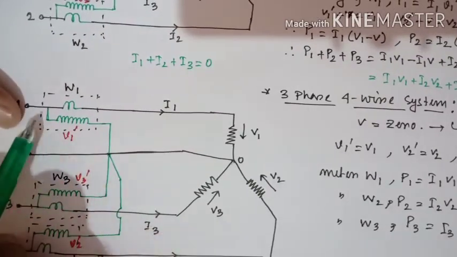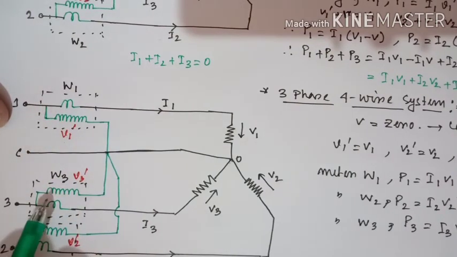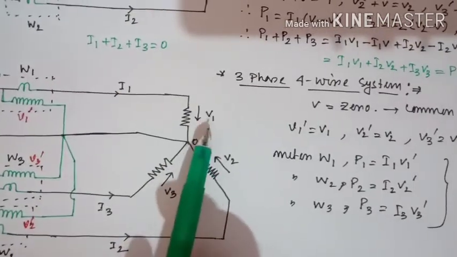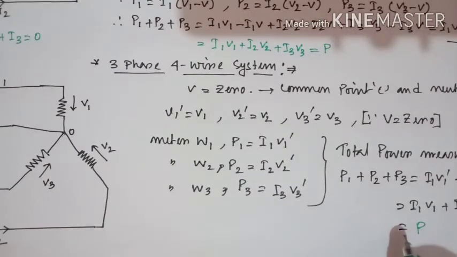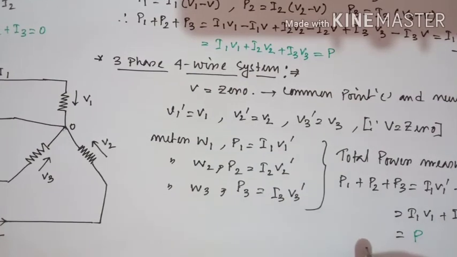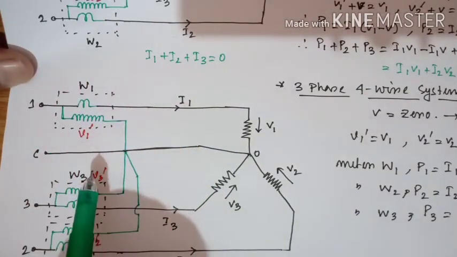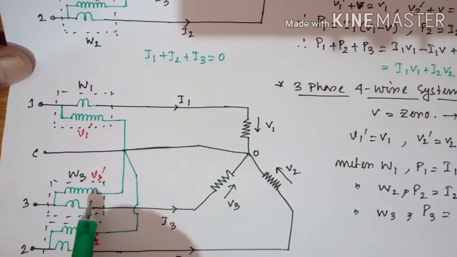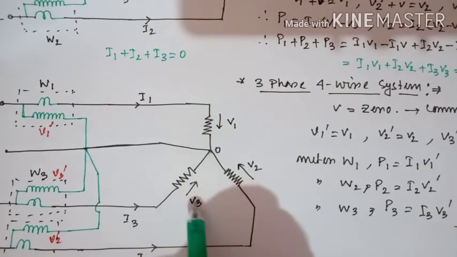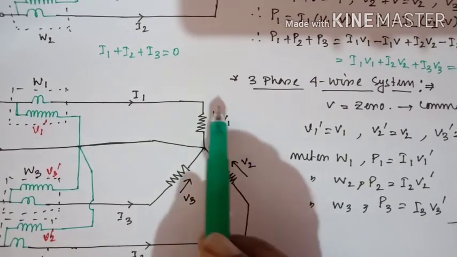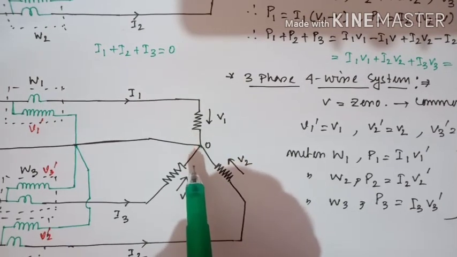These are the voltages sensed by the pressure coils of wattmeter 1, wattmeter 2 and wattmeter 3, equal to the phase voltages V1, V2 and V3. And finally, by this simple calculation, if we add the three different wattmeter readings together, we get the total power consumed by these three different loads connected in a star connected system. Thank you.